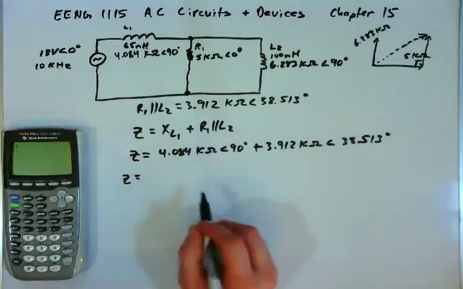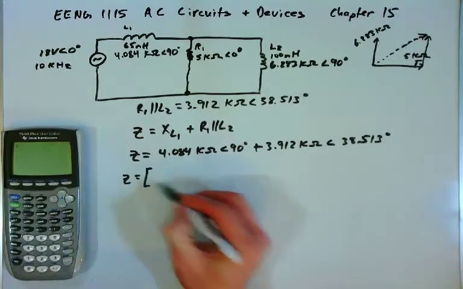And so for the first vector, the x coordinate, we use the cosine.